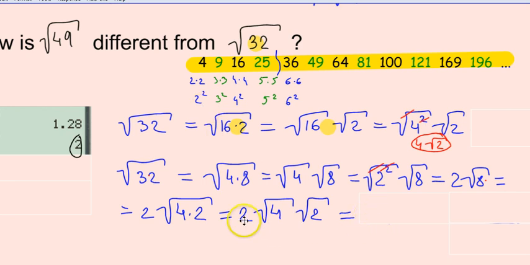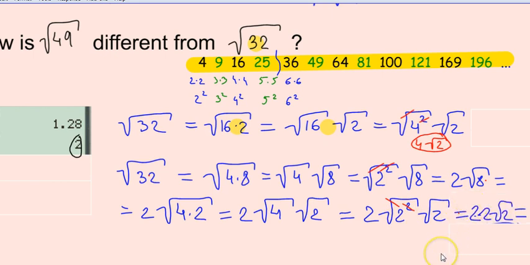So I'm going to copy the 2. I'm going to write 4 as 2 to the second and take a square root of it. And this radical of 2 is not going to be changing. Again, we're canceling square root and second power of number, which leaves us with this 2. This becomes a 2, and it's still multiplied by square root of 2.